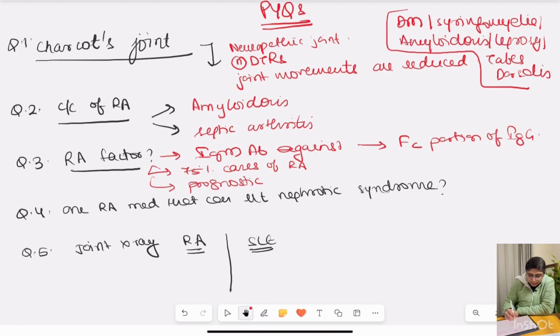For example, the limit is usually up to 10 or 14 units, but if it is 20 in a patient and after starting treatment it comes down, that's a good sign. That means your treatment is working. One rheumatoid arthritis medicine that can lead to nephrotic syndrome is penicillamine.